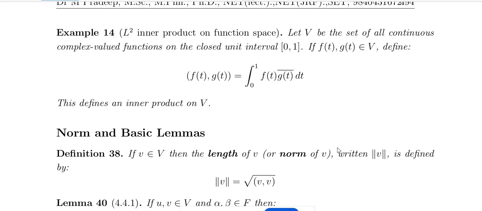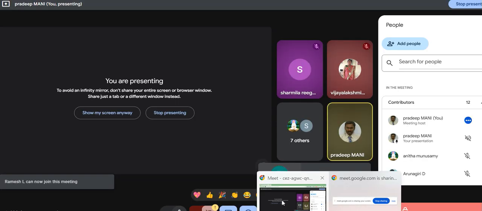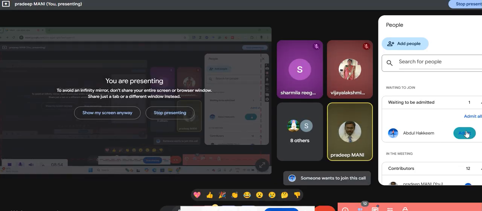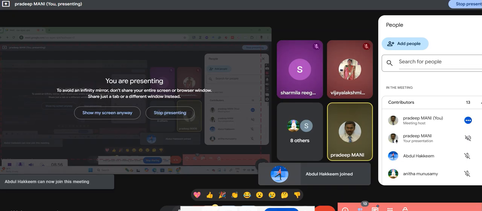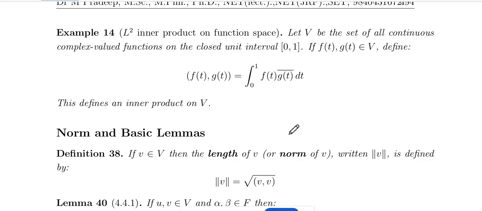And another example in the textbook is the L2 inner product on a function space. On the function space, let V be the set of all continuous complex valued functions on the closed unit interval 0, 1.